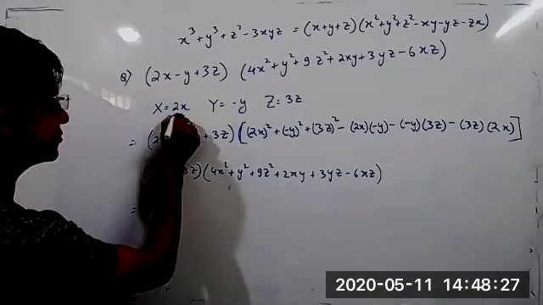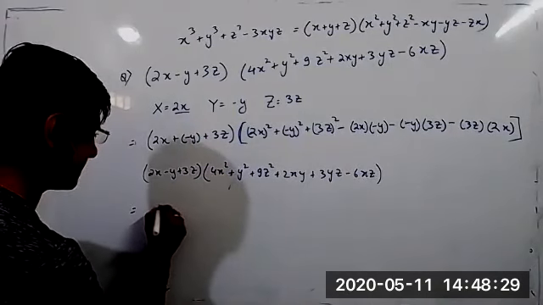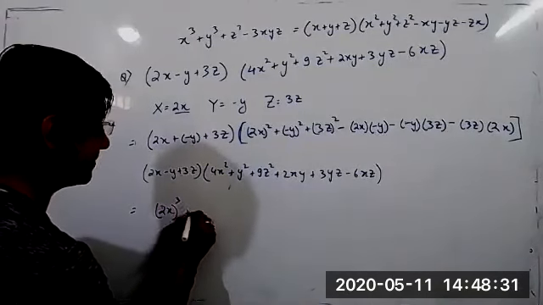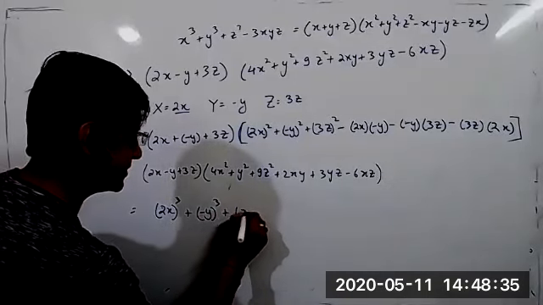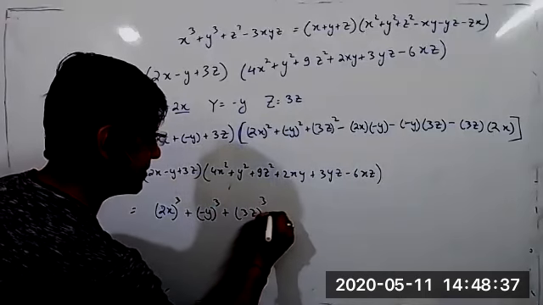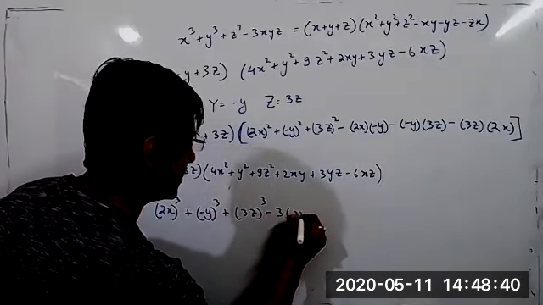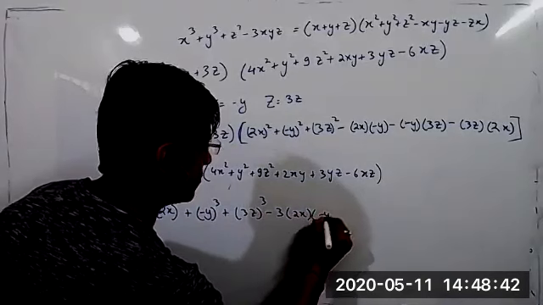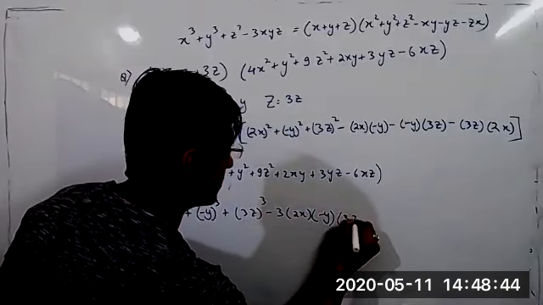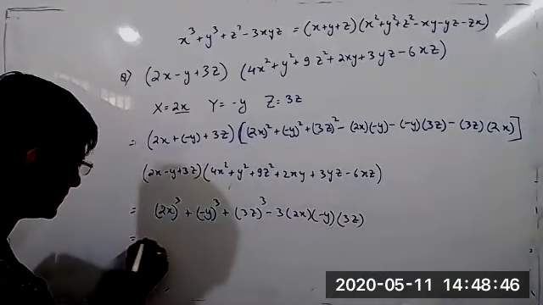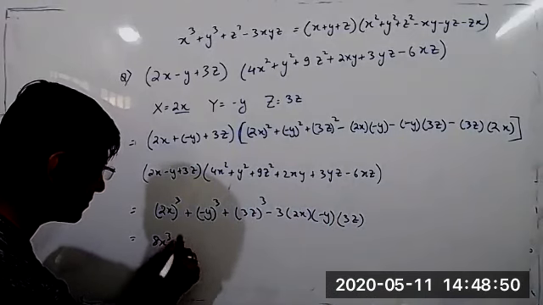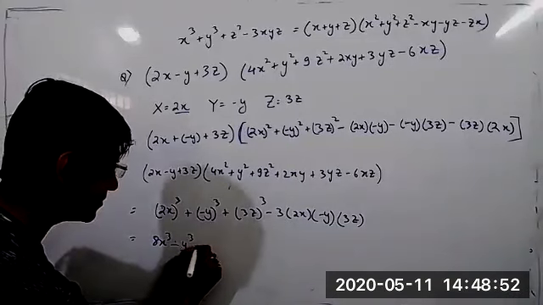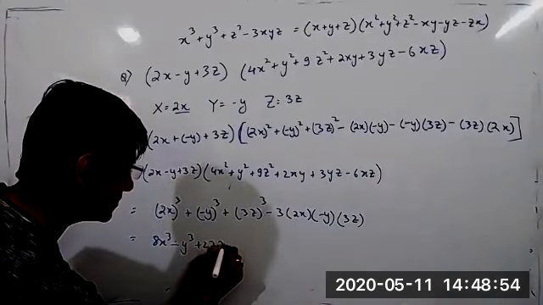So x is 2x, so (2x) cube plus (minus y) cube plus (3z) cube minus 3 into 2x into minus y into 3z, or we can write it as 8x cube minus y cube plus 27z cube.